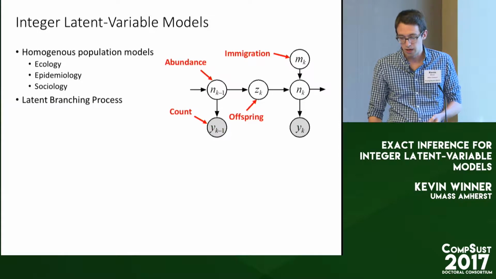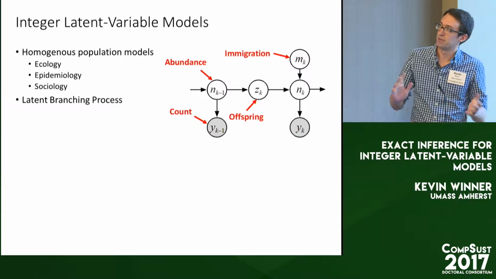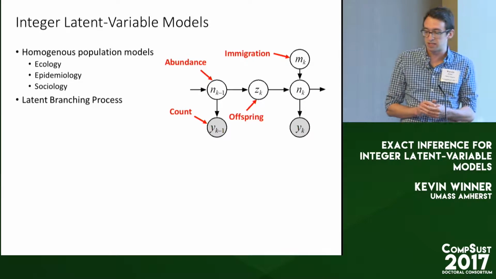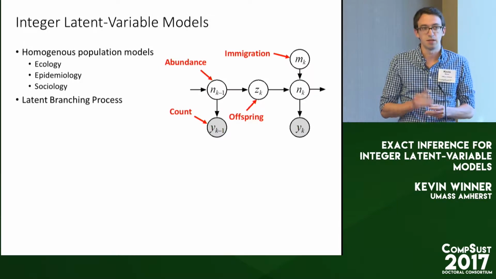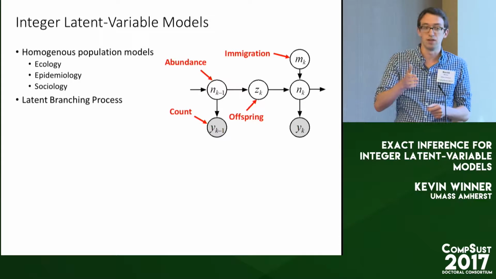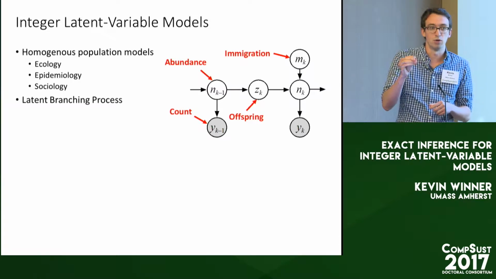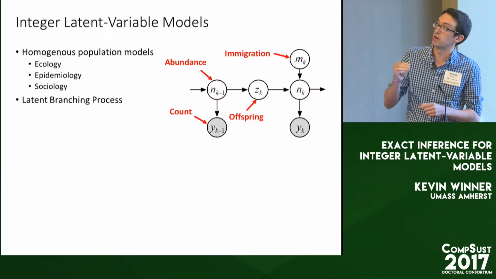And so here's one example of a model that I've been focusing on, although we're not too dependent on which particular model we happen to use. So this is called a latent branching process. This looks sort of like a hidden Markov model, where I have some series of observations of a population at a fixed set of times. And then there's some true variable, which is the size of the population at each one of those sampling occasions, which we call the abundance.